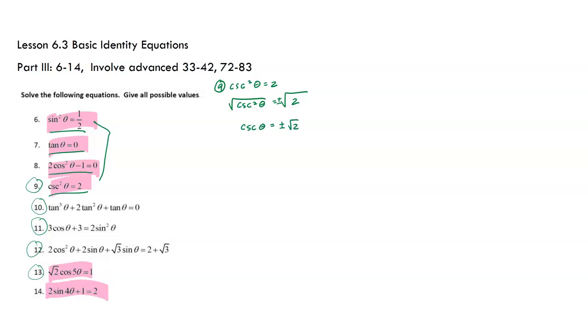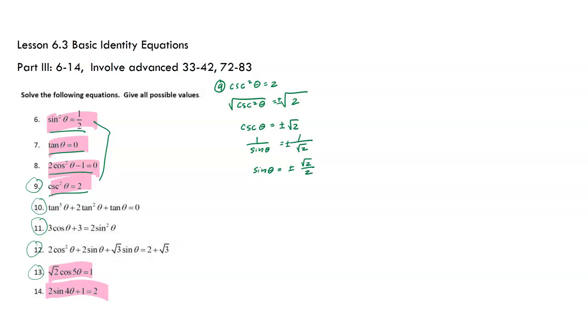And you can use it in this manner right here, or you can change it into 1 over sine of theta. So that'll be 1 over plus or minus square root of 2. So sine of theta equals plus or minus square root of 2 over 2.